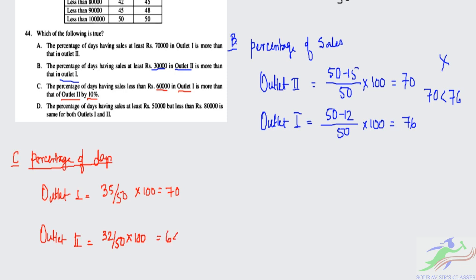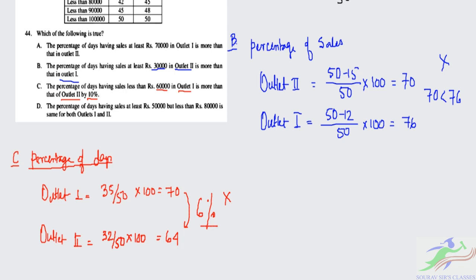It is going to be 64, right? So the percentage of days having sales less than 60,000 in outlet 1 is more than outlet 2 by only 6%, but here it is given as 10%. So it is also incorrect.